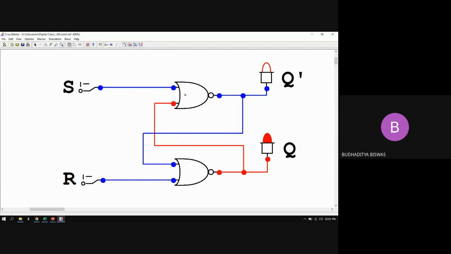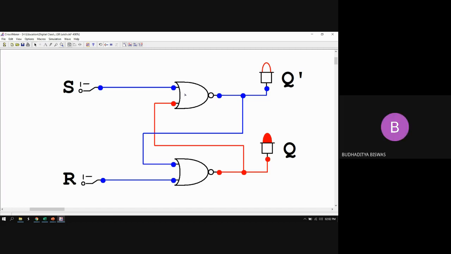So what is the property of the NOR gate? To understand the flip-flop properly, you need to know the properties of the NOR gate. Sir, the output is high when both the inputs are low.